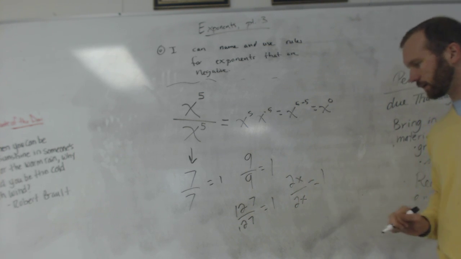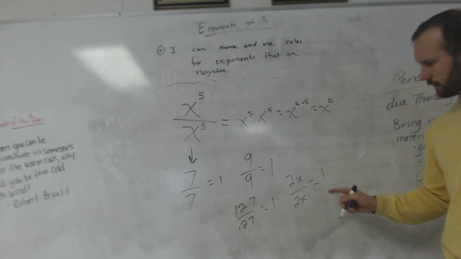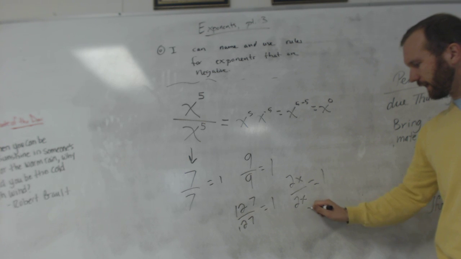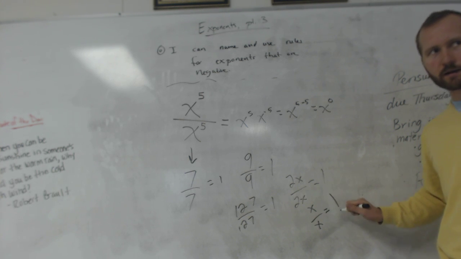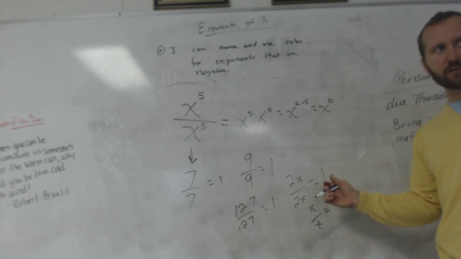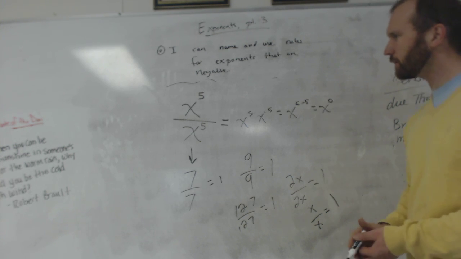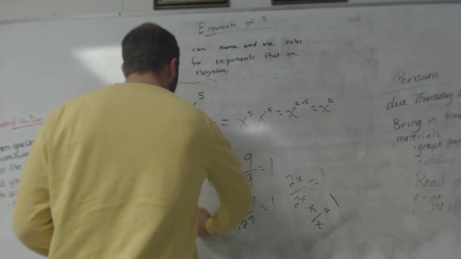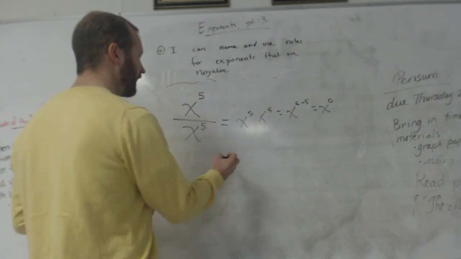Just 1. What if I had x over x? 1. Doesn't anything over itself equal 1? Yeah. Anything over itself equals 1. So really, x to the 5th over x to the 5th should equal 1.